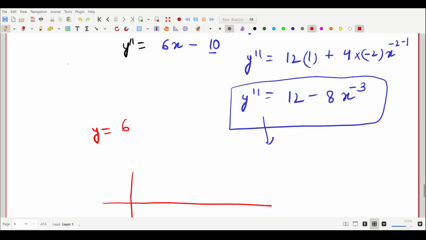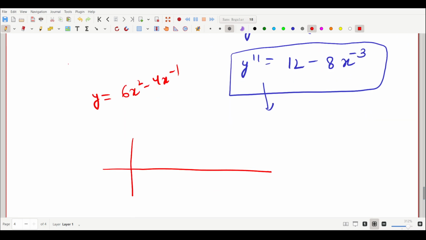I will draw a hypothetical curve of the given equation. Let's say the curve is like this. If you pay attention, your curve is making a turn somewhere, right here.